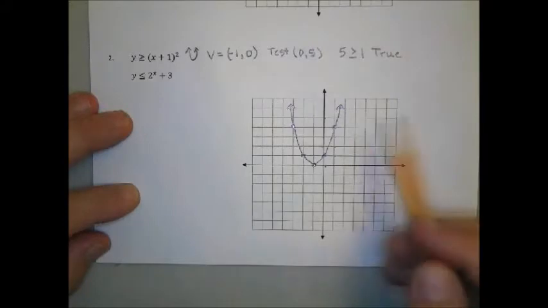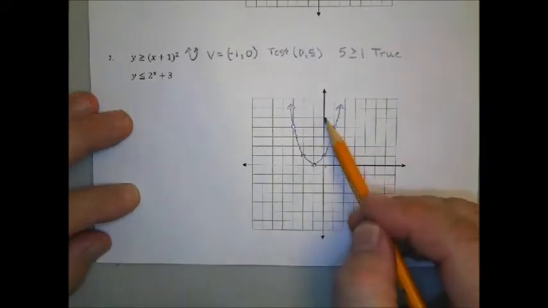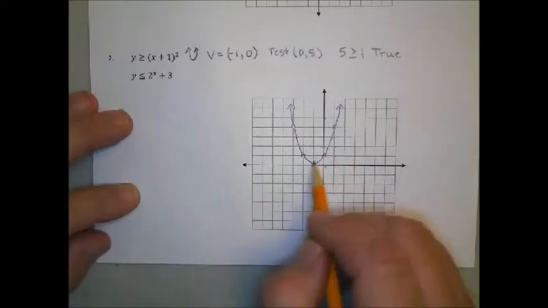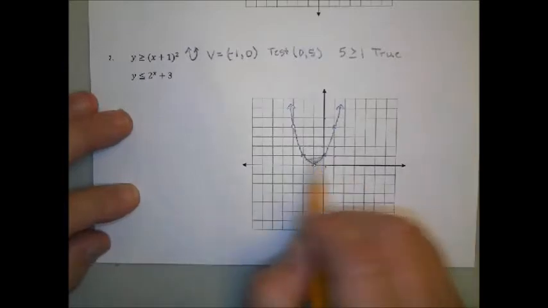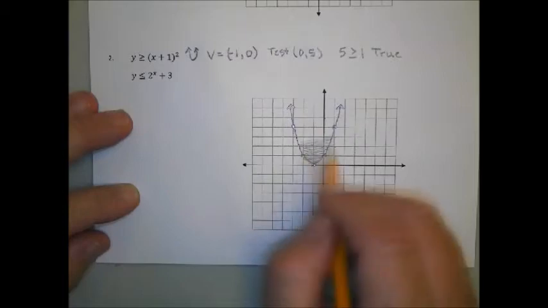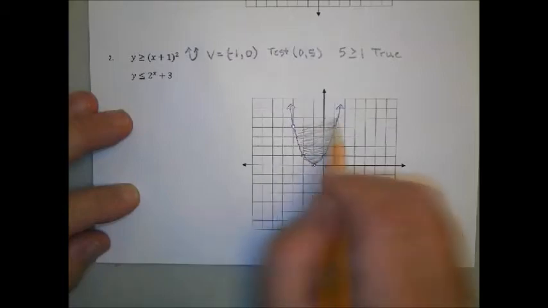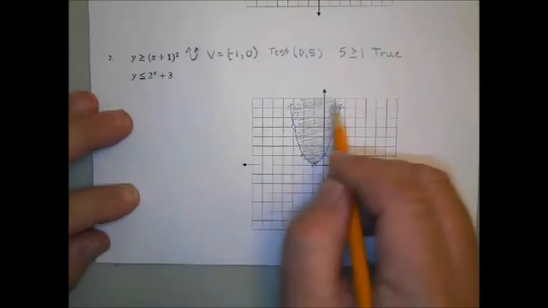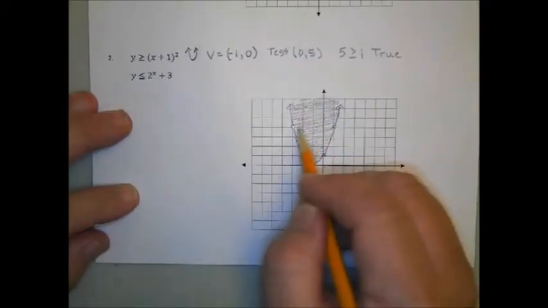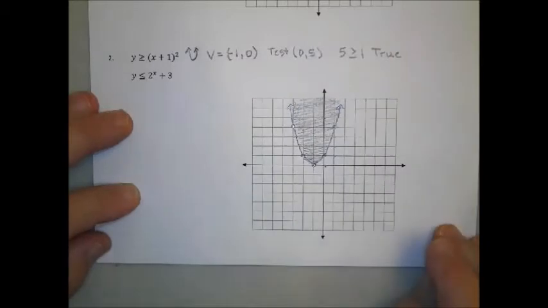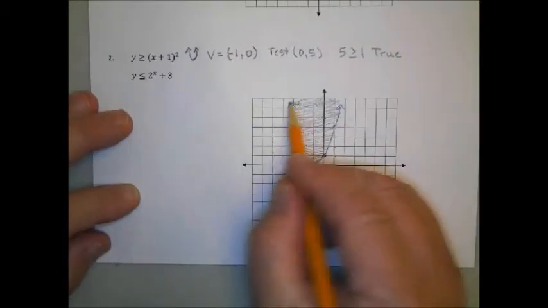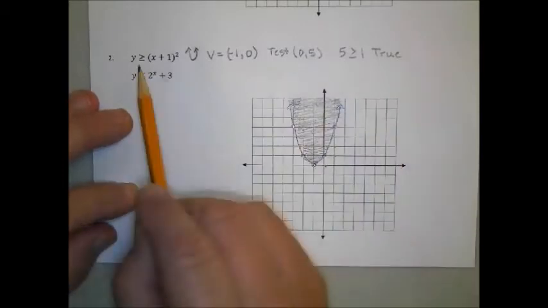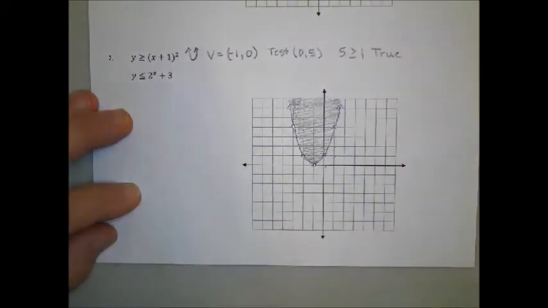And when we get true statements, we shade the area that actually includes the test point that we used. So we got a true statement, so I'm going to shade the area that includes 0, 5. So inside the parabola satisfies all the points where y is greater than or equal to x plus 1 squared.